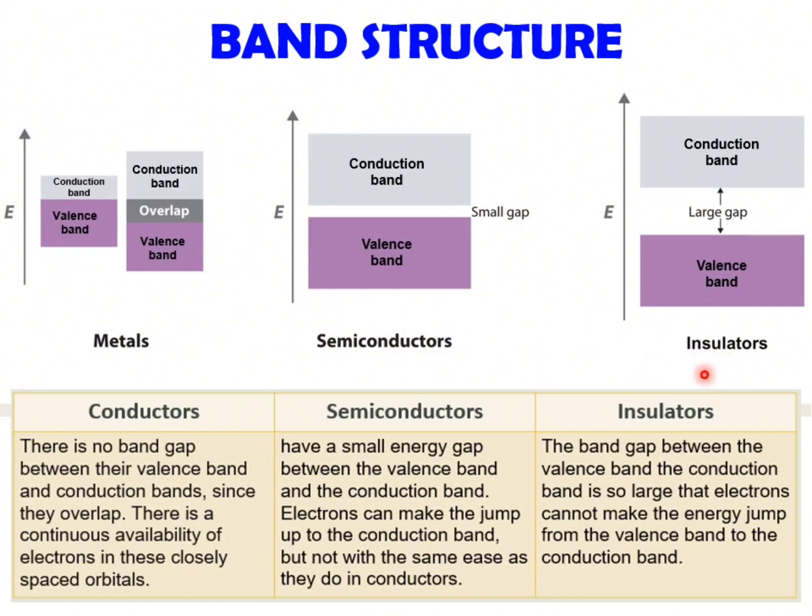Okay, kenapa penebat tak boleh mengalirkan arus elektrik? Look, the valence band and conduction band have larger gap. The band gap between valence and conduction band sangat besar. So, agak sukar untuk elektron jump from valence band to conduction band. Okay, that's why insulator cannot conduct electricity. Okay, boleh?